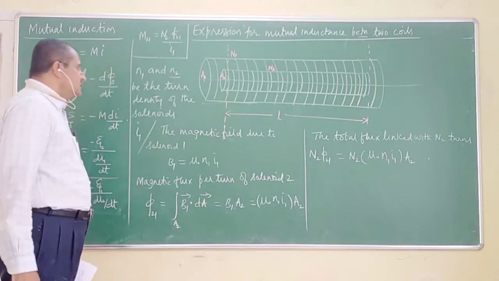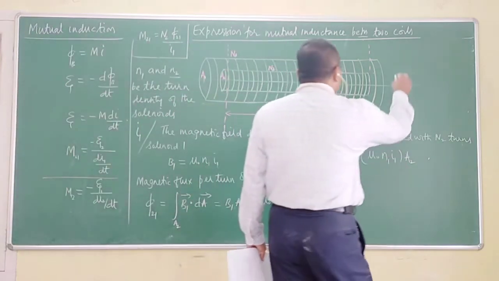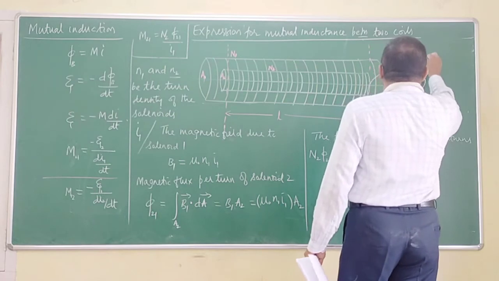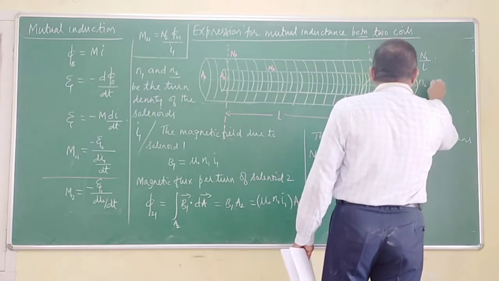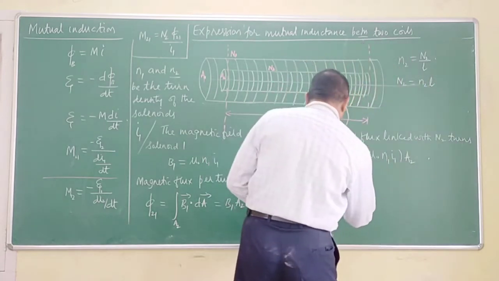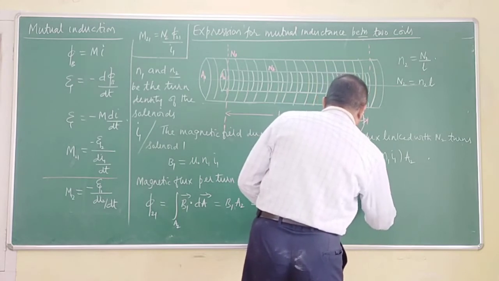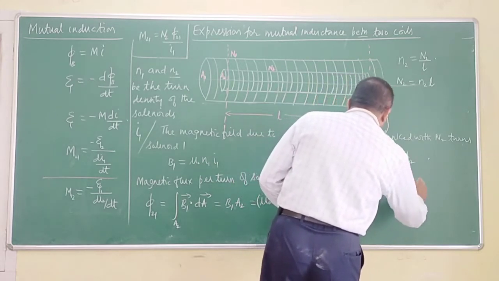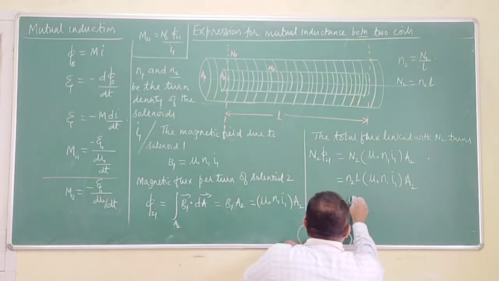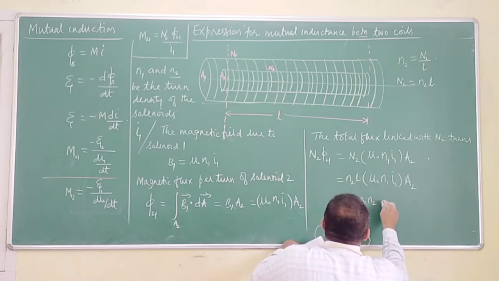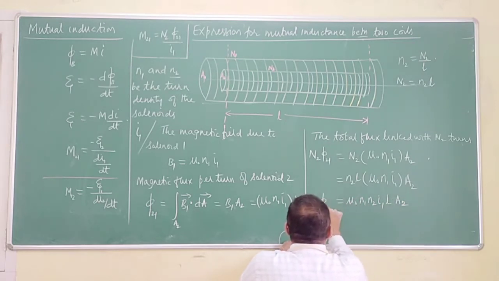Since turn density is n2, I can write n2 as capital N2 by L. Therefore, N2 is small n2 into L. Therefore, I will write this as n2 L mu naught n1 I1 A2. Or in other words, this will be mu naught n1 n2 I1 L A2. This will be N2 phi 21. Is that okay to you, sir?